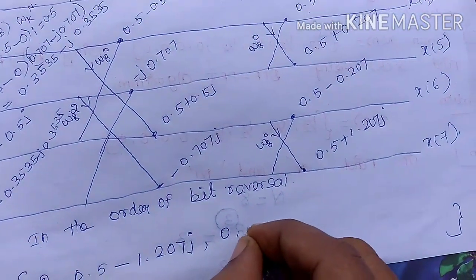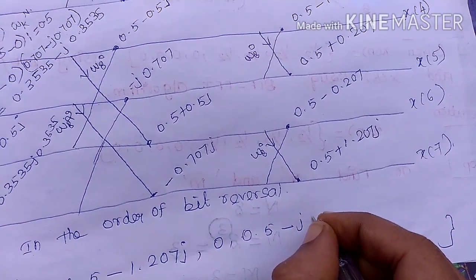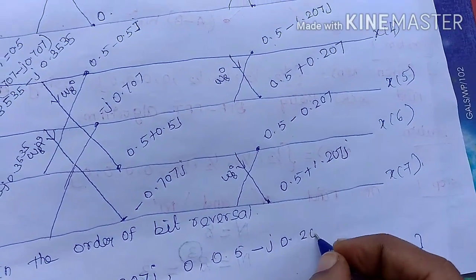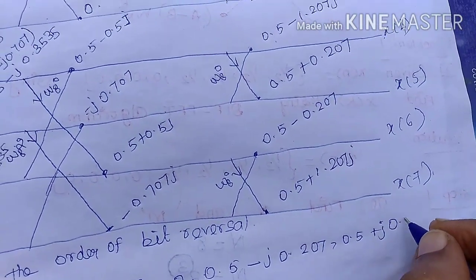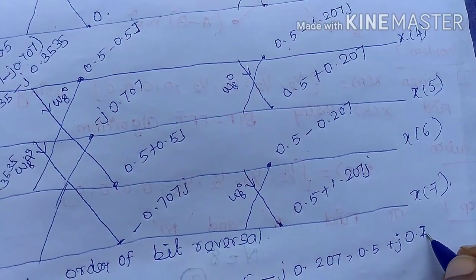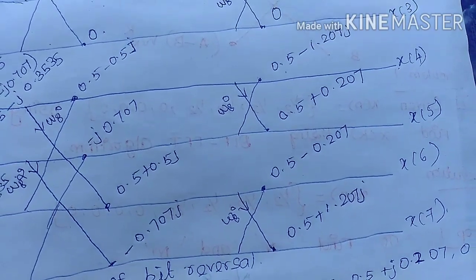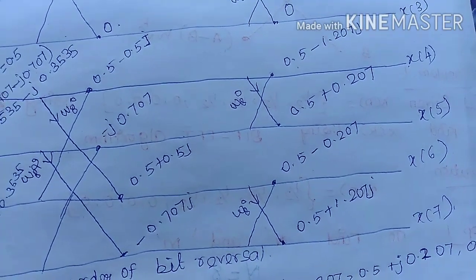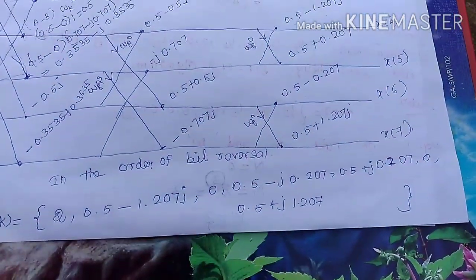I write the bit reversal order here: 0.207, comma, 0.5 plus j 1.207. Okay, this is the final answer for the DIF 8-point problem.